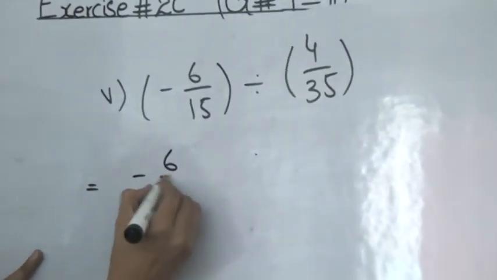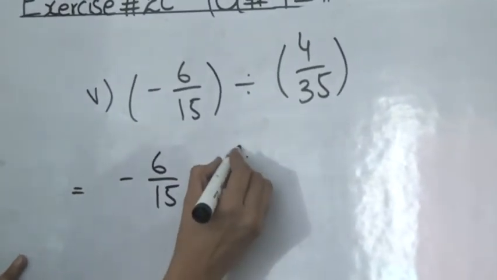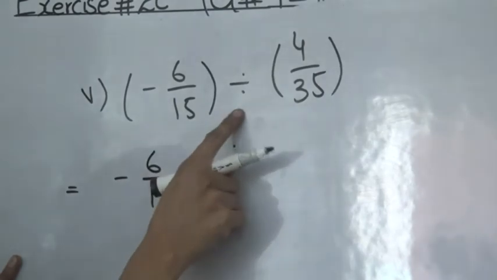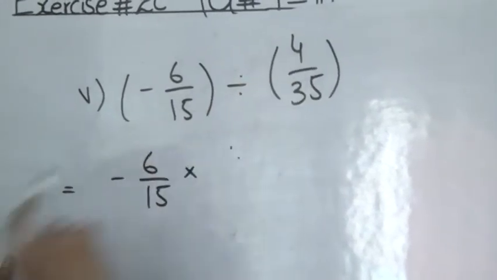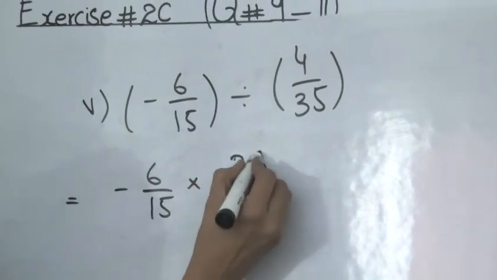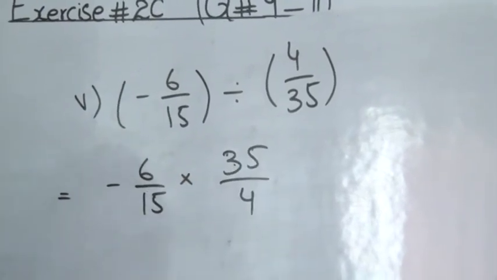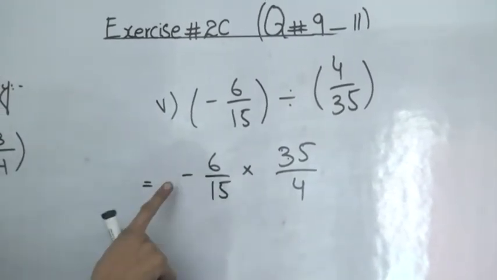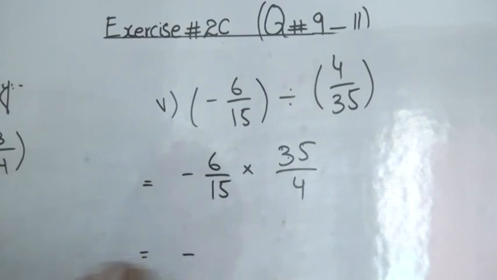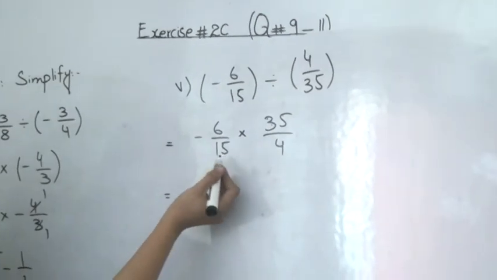So minus 6 by 15 multiplied by, instead of the sign of division, it will give the reciprocal, 35 by 4. Here is the sign of negative and here is the sign of plus. So minus plus it will become minus, and cancelling is also possible here.